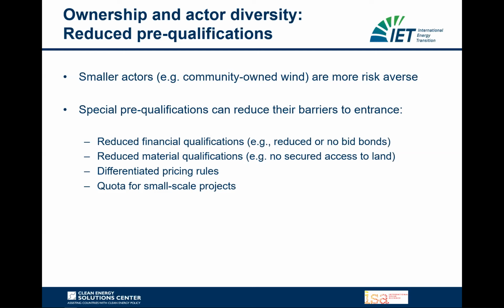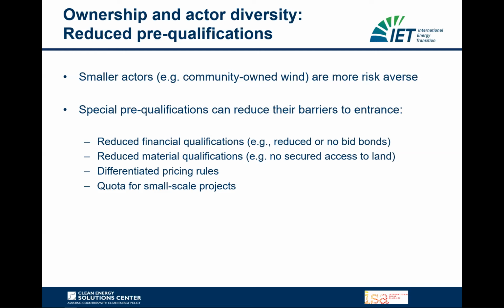And this is sometimes not in line with general deadlines that you have within auction design, and therefore some of the material pre-qualifications, having certain permits or already securing land or grid connections, might also be cancelled or reduced for these types of community-owned projects.